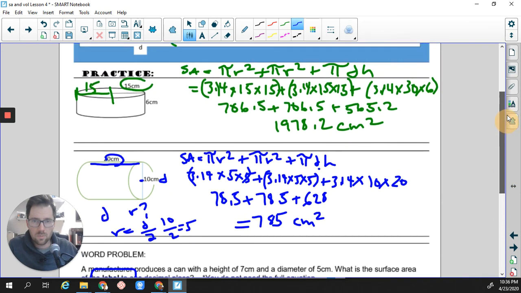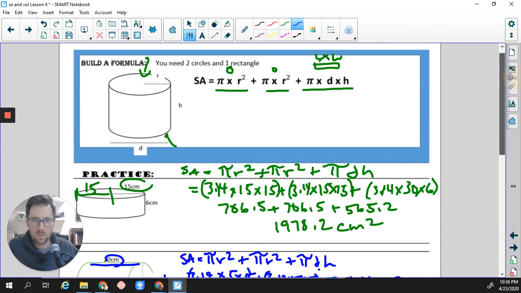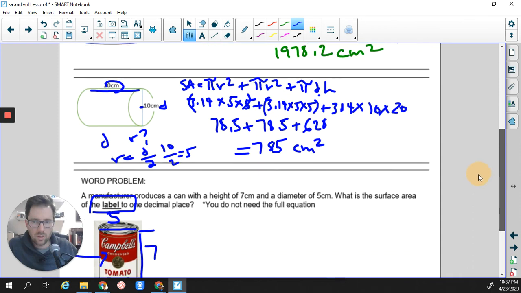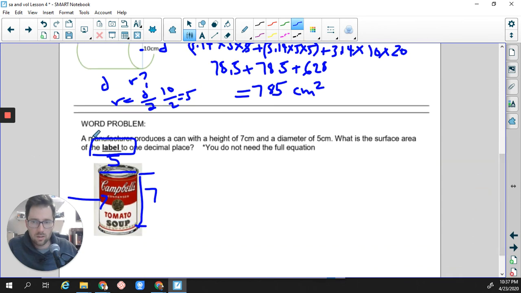So let's look up here for a second at what we know. If we are looking at our formula, we know that our surface area has the circle plus the circle plus the rectangle. If we are looking at the label, the label is the rectangle, right?